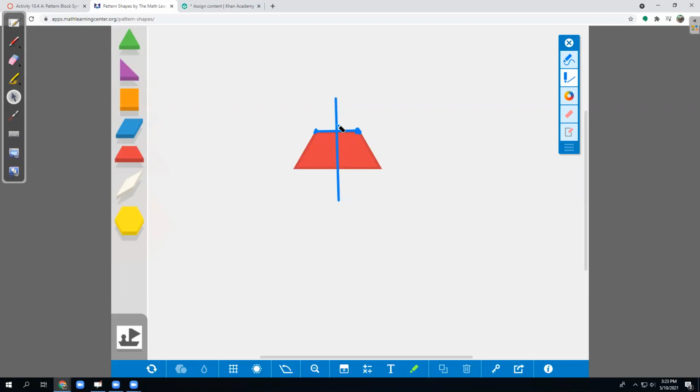is both perpendicular. Let's see if I can get a new color for this, a little green. It's both perpendicular, and the 2 segments separated by the line, this one and this one, appear to be congruent to me. And the same thing looks like it would happen down here.